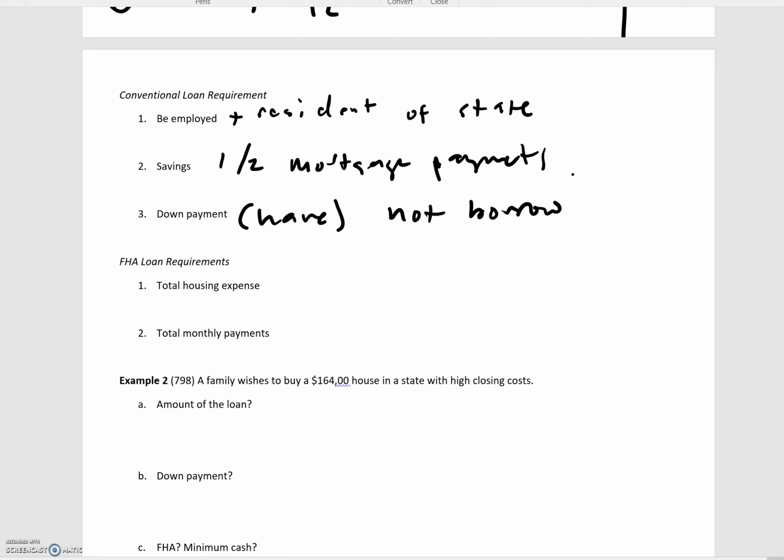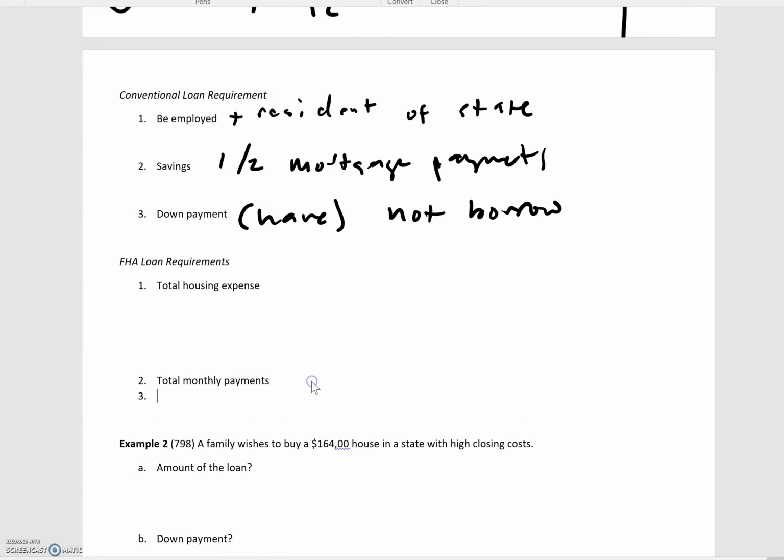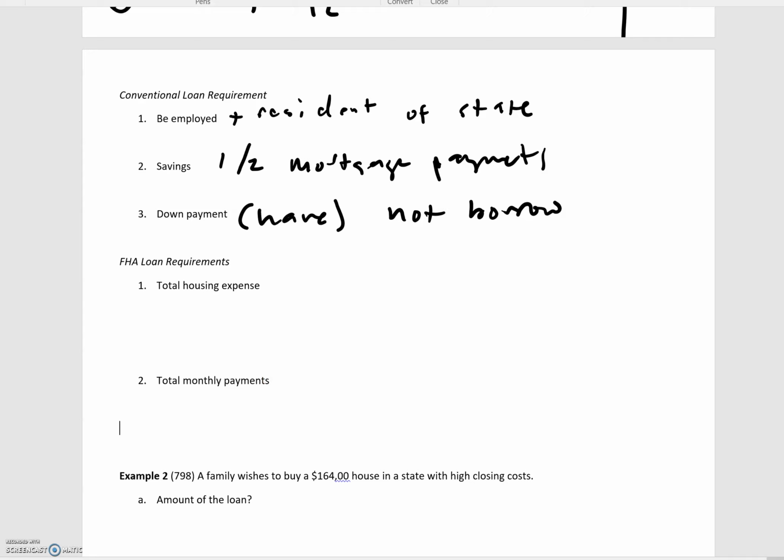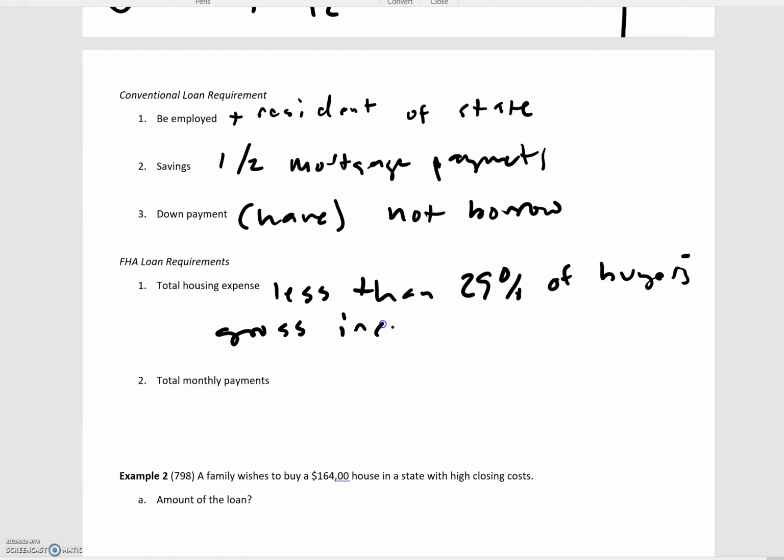requirements. So the FHA loan requirements go as follows. Your total housing expense has to be less than 29% of the buyer's gross income.